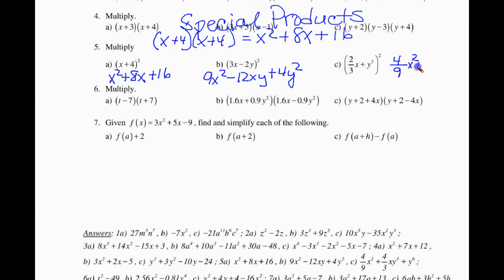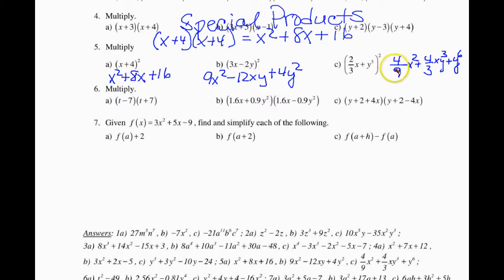That's going to give us a plus 4/3 x y cubed. And we're going to square this last term, and that gives us a plus y to the 6th. Y to the 3rd times y to the 3rd is y to the 6th.